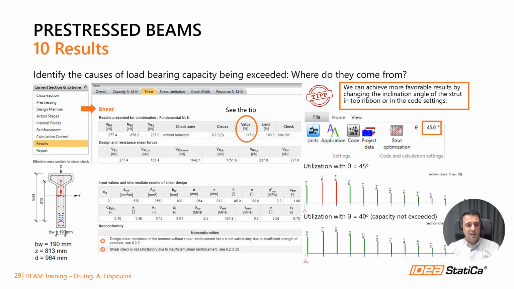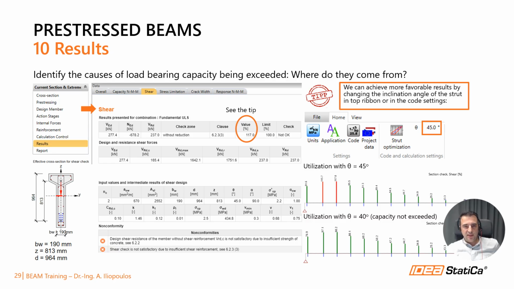On this slide, we get the detailed information about the shear resistance checks. And here we can see the values of resistance of the compression strut, the resistance without reinforcement, the inclination angle of the compression strut, the static height, and so on. So this allows us to understand how the Beam application performed those calculations.